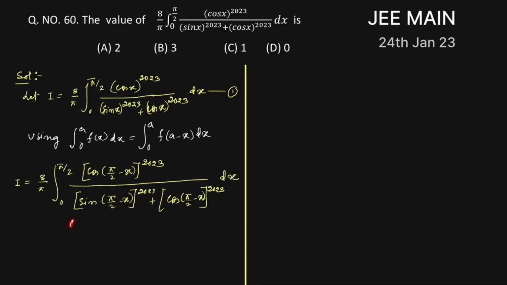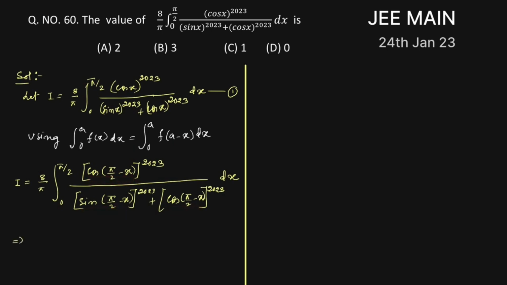So we know that cos (pi by 2 minus x) we are able to write as sin x. Similarly, sin (pi by 2 minus x) we are able to write as cos x. We change these to sin x, cos x and sin x.